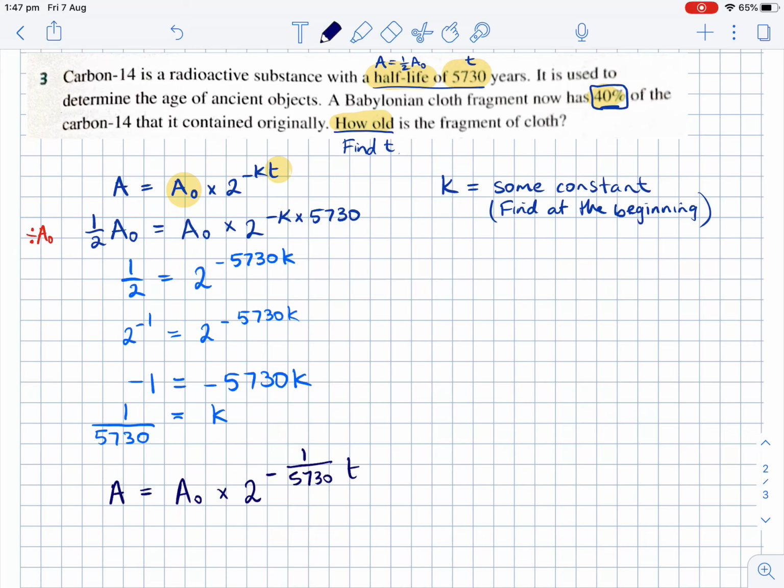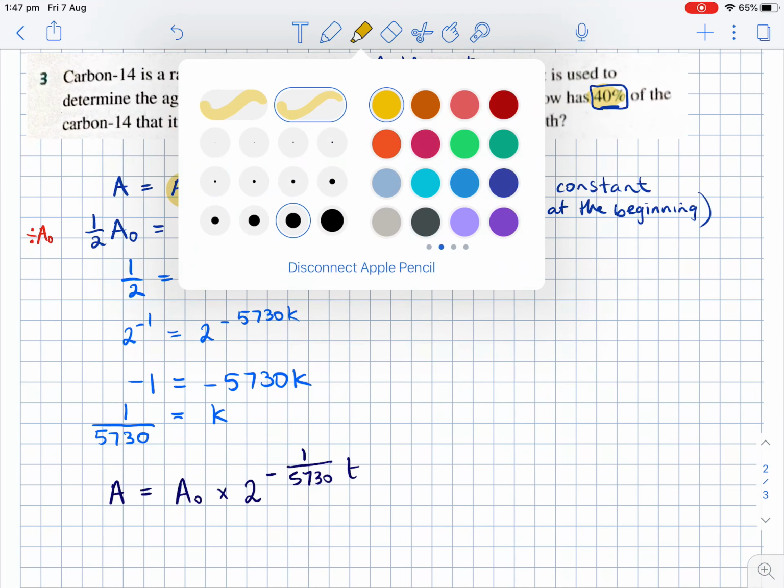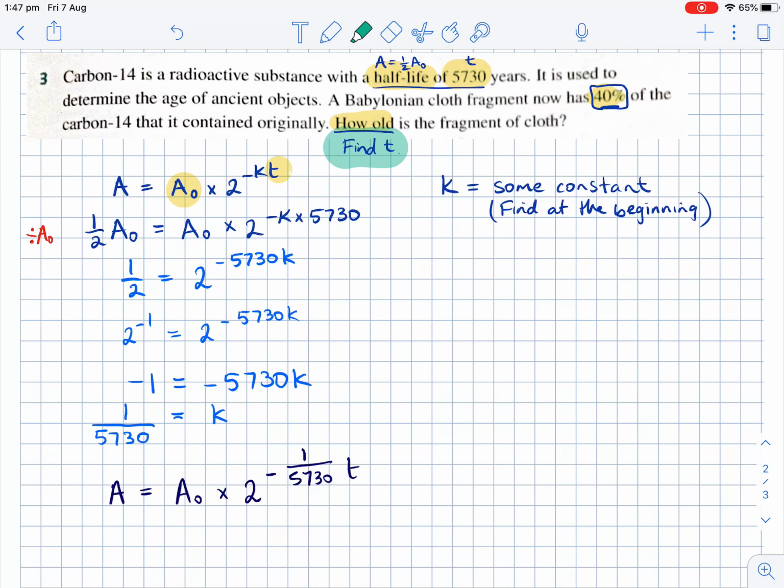Nice. So I have been able to eliminate one of the values in my expression. Now my next bit is I've got to try and work out what t is. So how can I find out what t is?